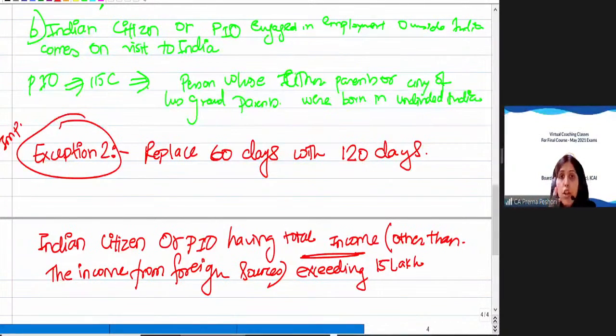So for them, you have to replace the 60-day condition with 120-day condition, meaning thereby a person, Indian citizen or a person of Indian origin having total income greater than rupees 15 lakhs would be considered as resident of India if he is present in India for more than 120 days and for 365 days in the last 4 previous years.